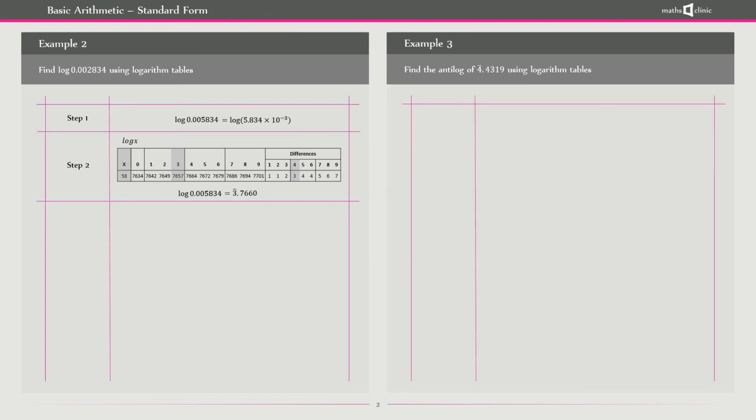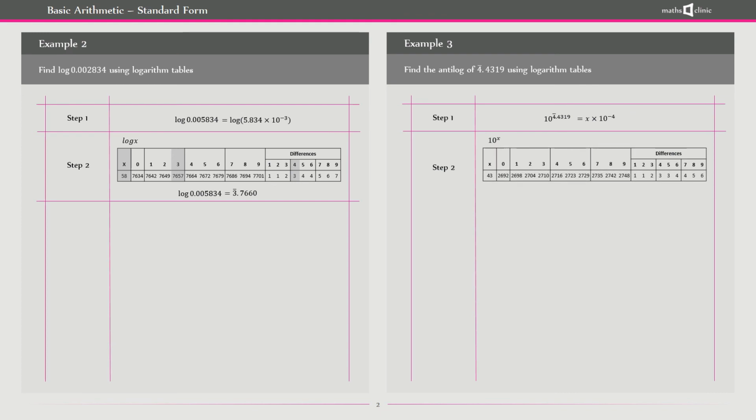The first thing we want to do is write 10 to the power of bar 4.4319, and this equals x times 10 to the power of minus 4. So we consider the whole number there. The whole number there is bar 4, which will tell you that the antilog of this number would be a number in standard form times 10 to the power of minus 4.